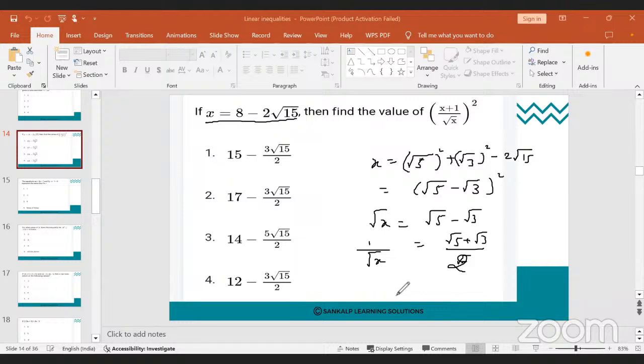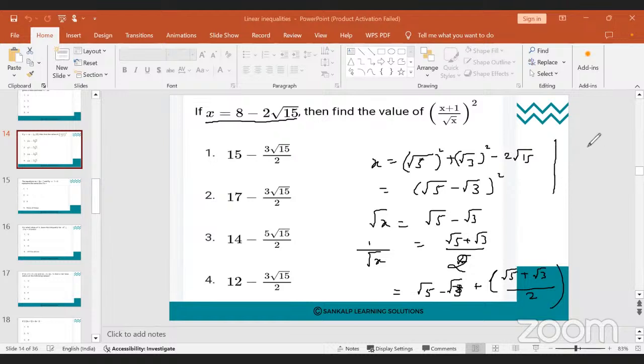It is root of 5 minus root of 3 plus x square x plus 1, so that is root of 5 plus root of 3 upon 2. Try to resolve it. After resolving this, I will write it in a bit side place here.